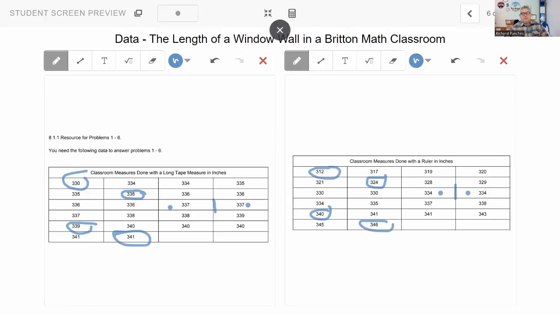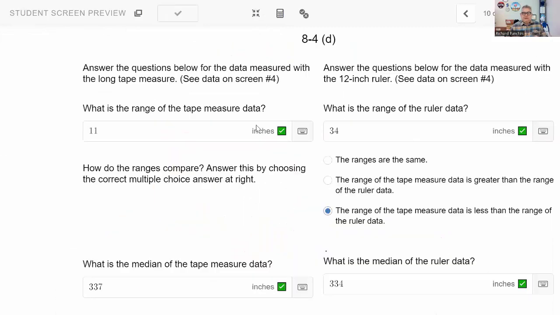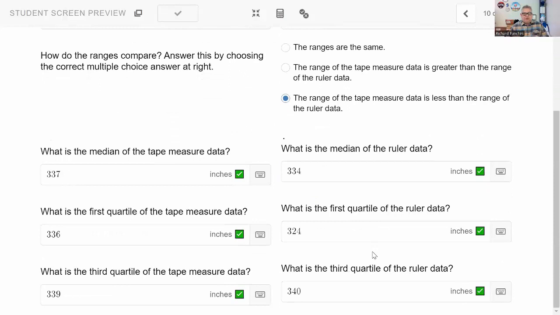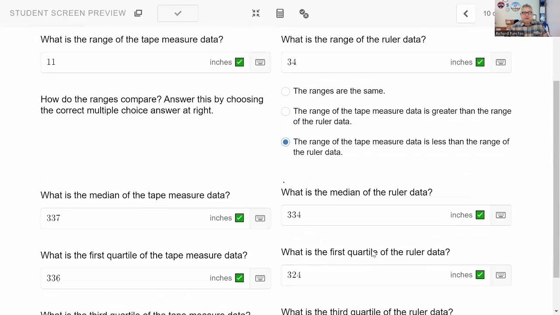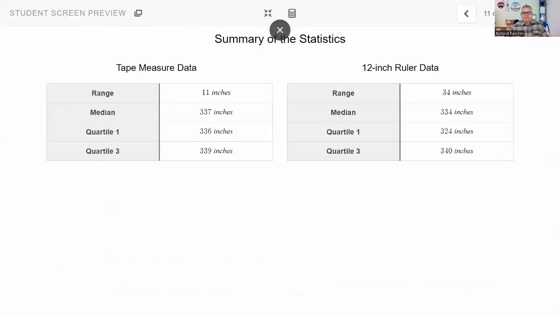We used the extremes to find the range. And then in here, we answered some questions about the quartiles and the medians and the upper and lower extremes for the tape measure data and the ruler data. And then it's summarized right here.